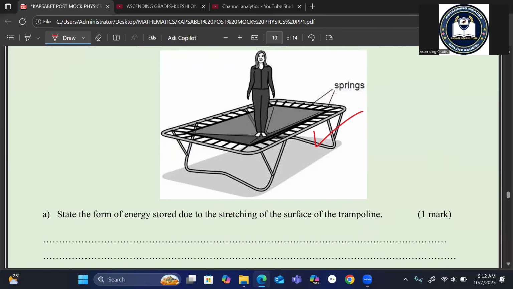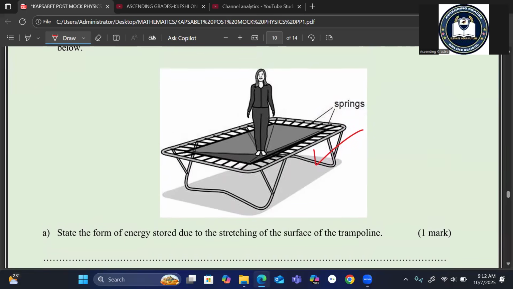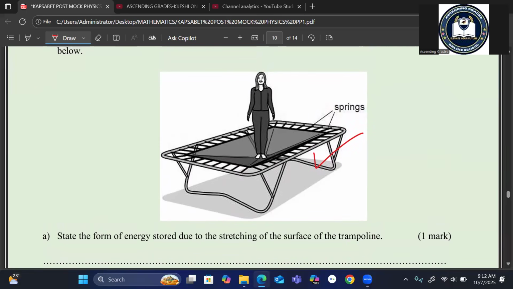State the form of energy stored due to the stretching of the surface of the trampoline. Remember, stretching materials do contain elastic potential energy.